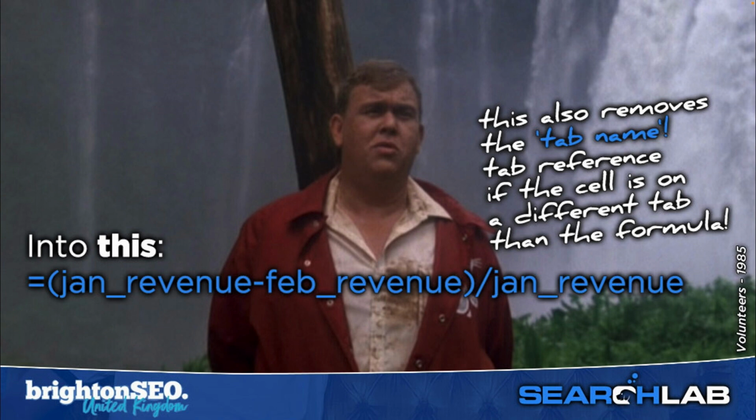Now, the other good thing about this is if you're referencing cells that are on a different tab than the formula, you're also going to have the tab name with the exclamation point and the single quotes reference before each cell. When you use names, you don't need those tab references because the cell name is absolute across the entire spreadsheet.